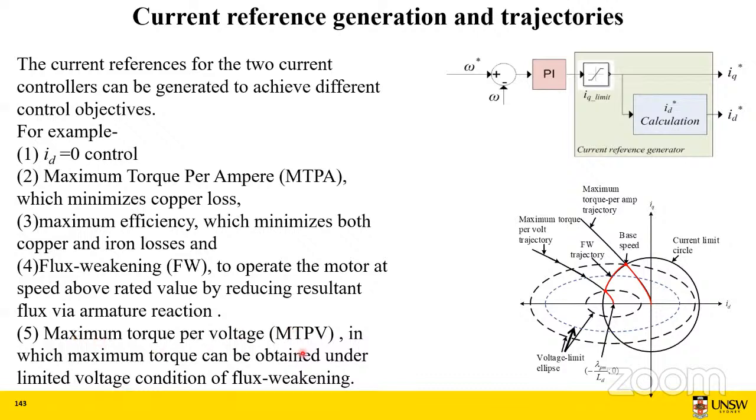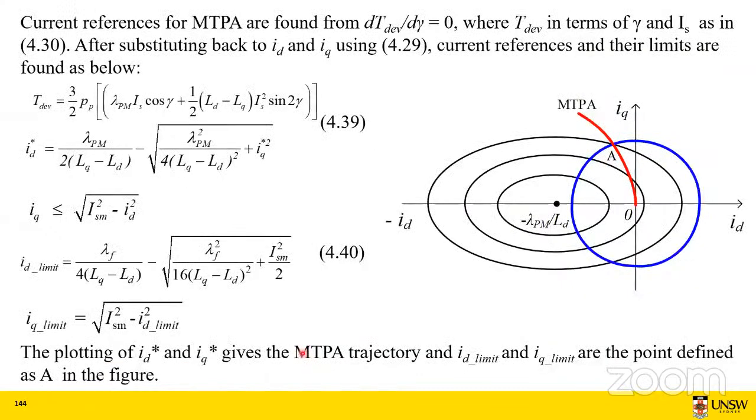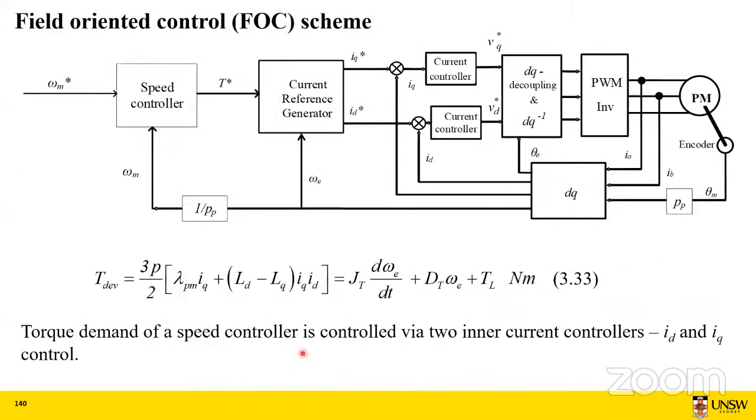These different trajectories may be required by the operation to get the best performance out of your PMSM. Accordingly, you can generate the ID and IQ reference currents. That's what we have seen here: the current reference generator.